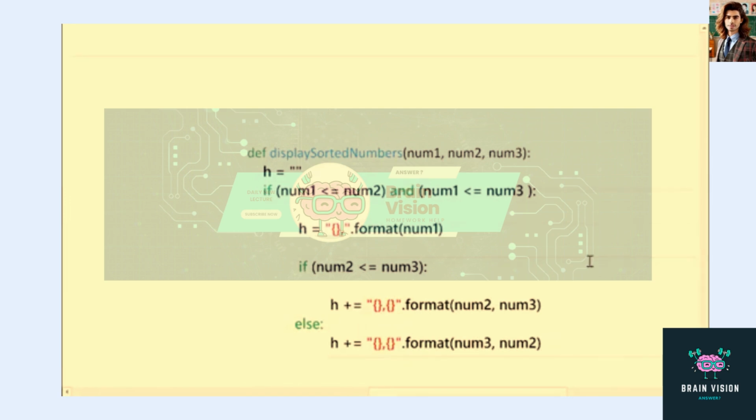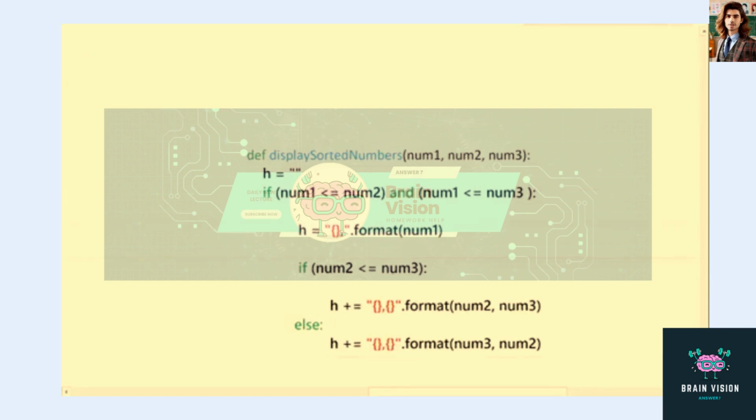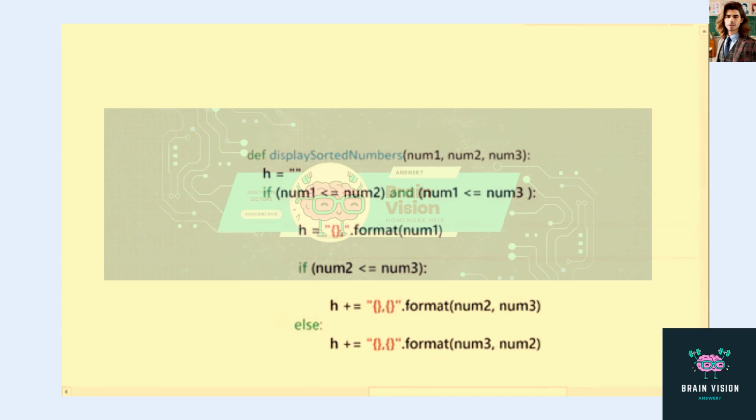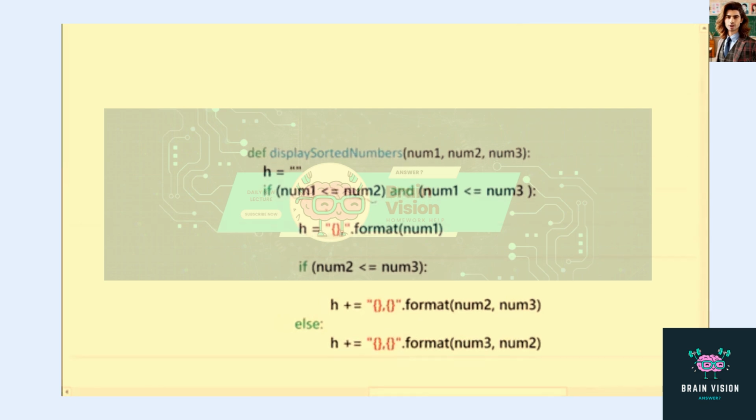Okay, let's go on. First of all, we have the string that will store the numbers individually, comma separated. So we test for the lowest number by comparing the first number with the second number.